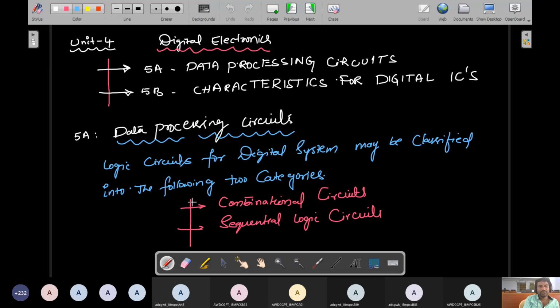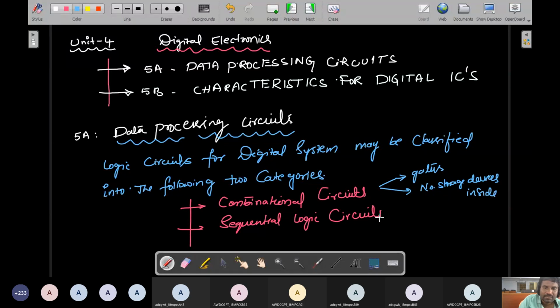Generally, data processing circuits are of two types: combinational circuits and sequential logic circuits. What is the difference between them? Combinational circuits have logic gates and no storage devices inside.